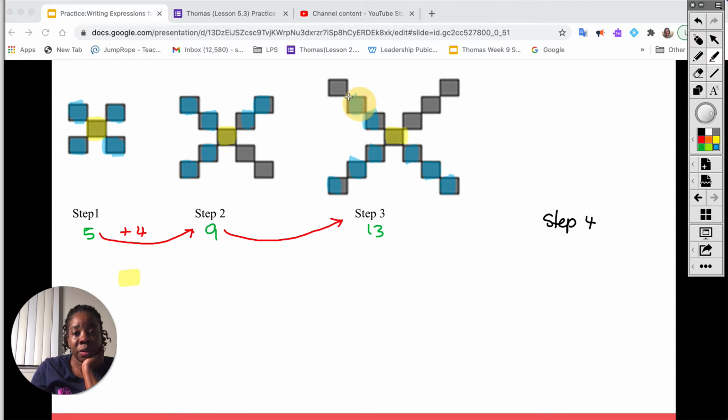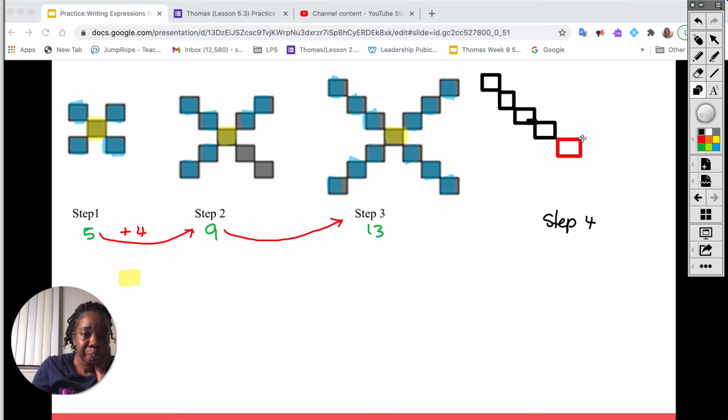So in order for me to figure this out, I want to draw the fourth pattern. So according to what I'm seeing, I should have a square in the center. And then I should have 1, 2, 3, 4 from one corner.